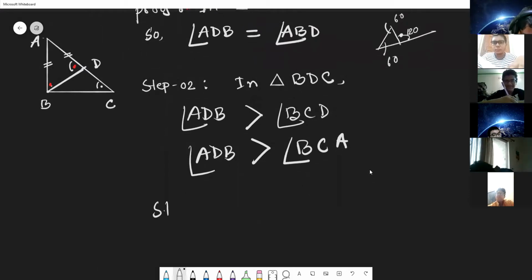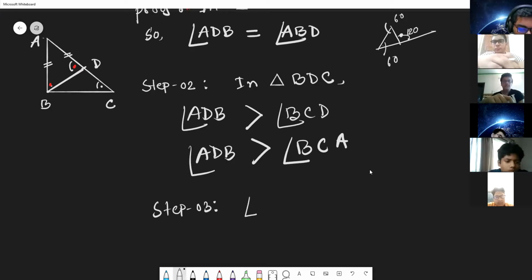So now step 3. ABD is the part of angle ADB. Okay. Again, if we write another line here, it will be easier for us.